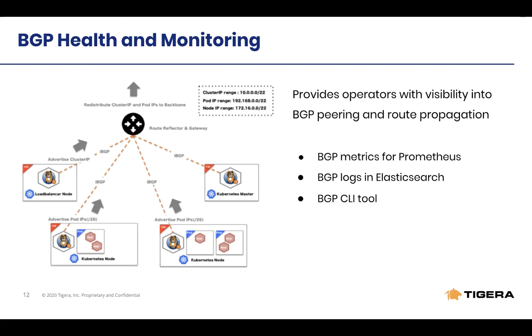We're also generating logs. As states are changing within the individual nodes and routers within your fabric, we're sending logs from those nodes back to Elasticsearch. That gives you the historical view of how things have changed over time.